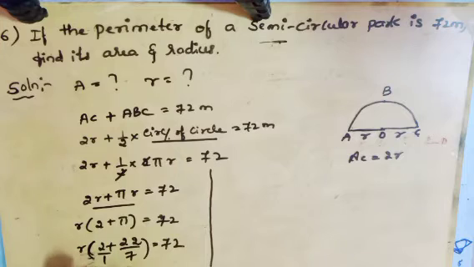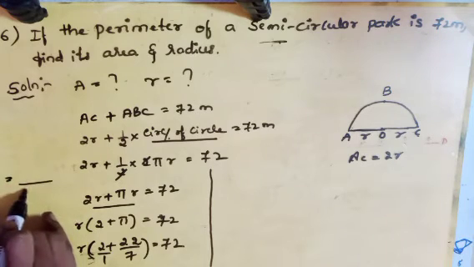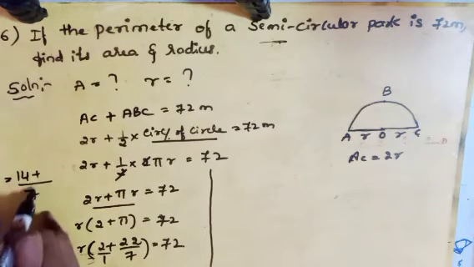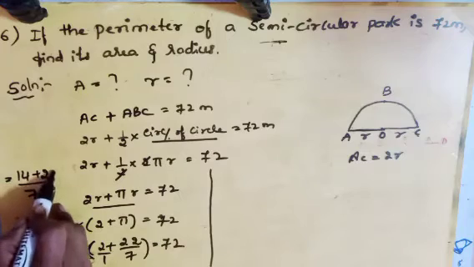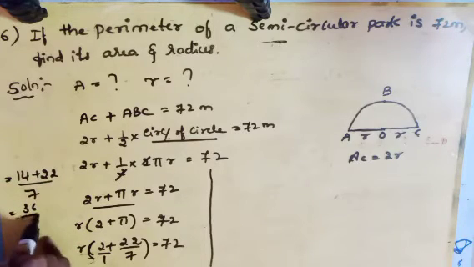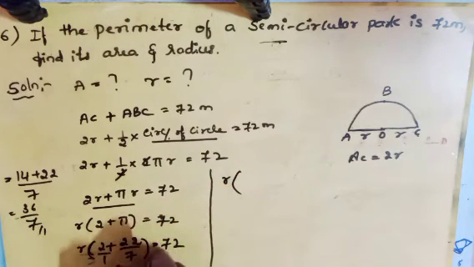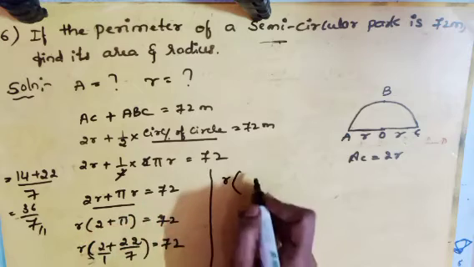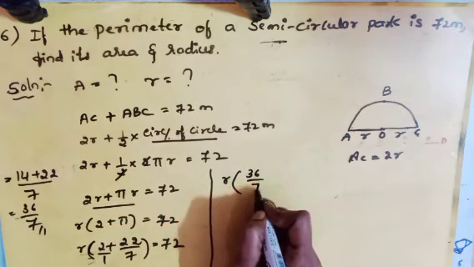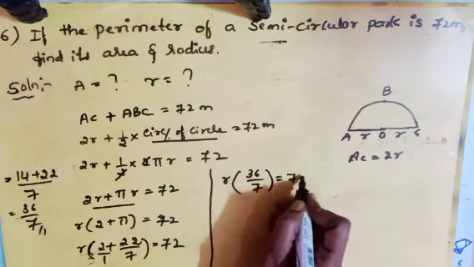So let us take the LCM and solve. The LCM is 7, so 14 plus 22 over 7 gives 36/7. So R into 36/7 equals 72.